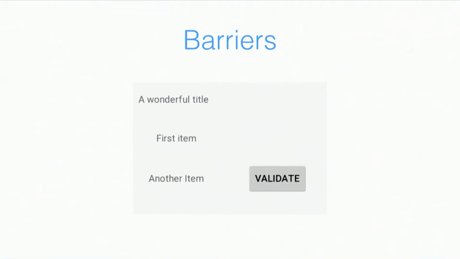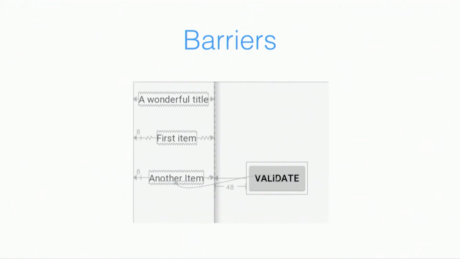What you can do instead is create a barrier, and the barrier will contain those three elements. Then this validate button is simply constrained on the horizontal axis to the barrier. So if those elements increase in size, whoever is the biggest will be the one controlling the distance of the barrier to the side.